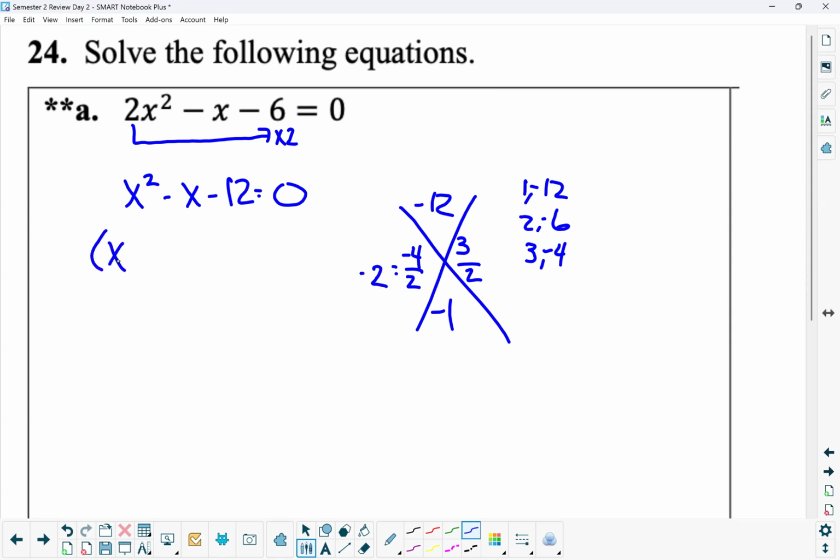So one of my factors is x minus 2. Is 3 evenly divisible by 2? No. Is there a number that evenly divides into 3 and 2 other than 1? No. So the 2 in the denominator goes in front of the x, and the 3 becomes the constant that we add to the 2x.